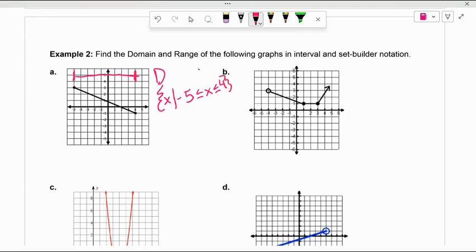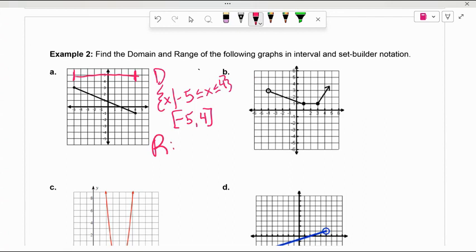And it's less than or equal to's because they're shaded in. Now, if we were to write it in interval notation, it's from negative 5 to 4, including them. So that's it. Much quicker, much easier.